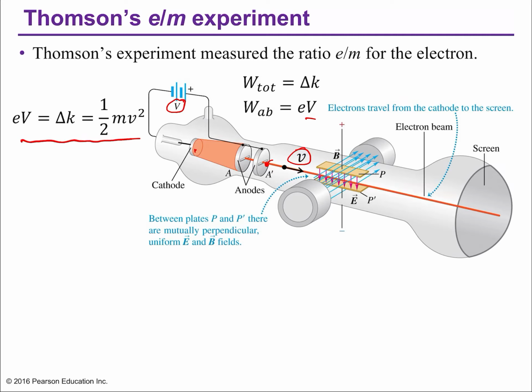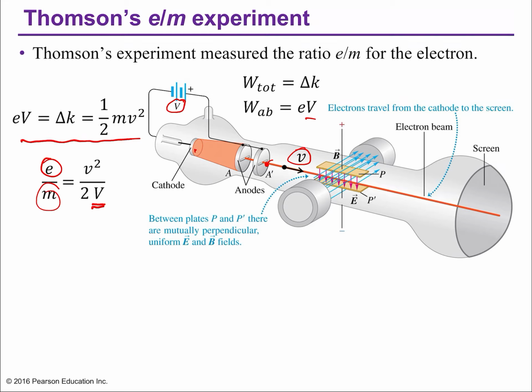The blue arrows show the magnetic field provided by an electromagnet, and the red arrows show the electric field provided by the parallel plates. Electrons then move through that velocity selector, and we can write down the ratio of the charge to the mass of the electron from the above equation, which is v squared divided by 2V.